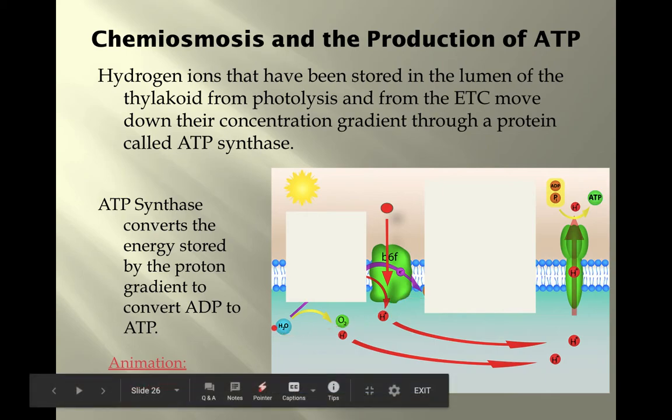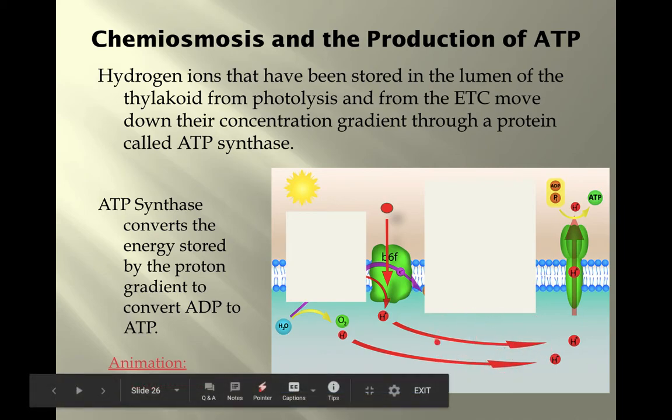Now, remember that protons were produced in the photolysis of water, and protons have been pumped into the thylakoid lumen by the ETC. So we have this accumulation of protons, which creates a gradient of protons.